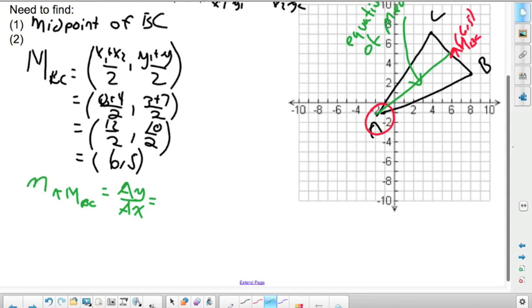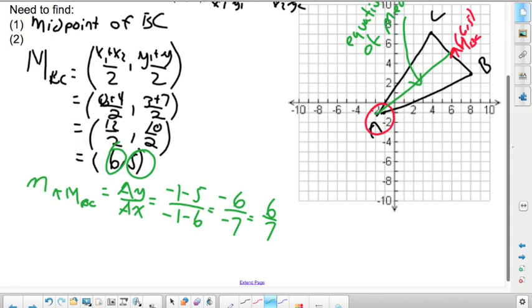Point A gives -1 minus 5, because this is my y2 or my y1. Minus 1 minus 6, so I get -6 over -7, which is equal to 6/7. Okay, so that's the slope.